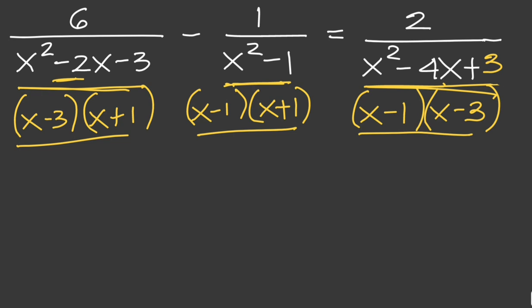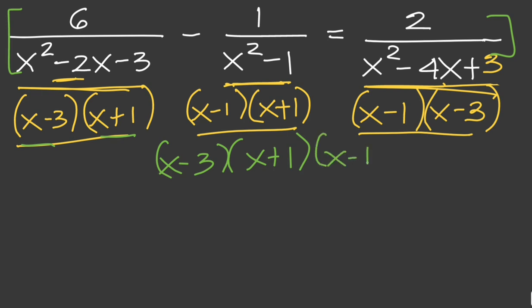Now we can get the common denominator, or LCD. We just have to multiply both sides of the equation by x minus 3 times x plus 1 times x minus 1.